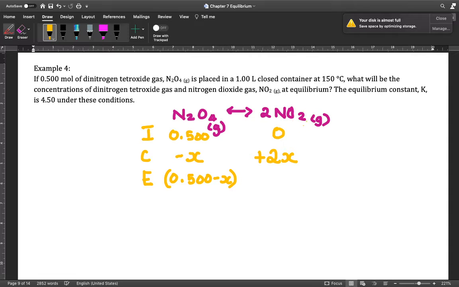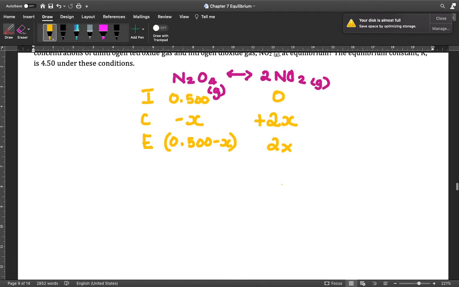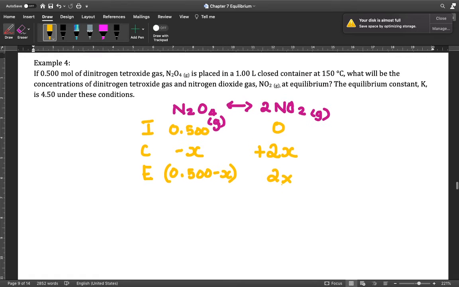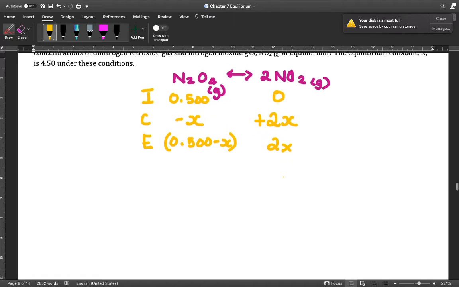And our expression for the concentration of NO2 at equilibrium is going to be 2x. Again, because we have these expressions, we can use our k value to solve for x. And our k value given in this question is 4.50.